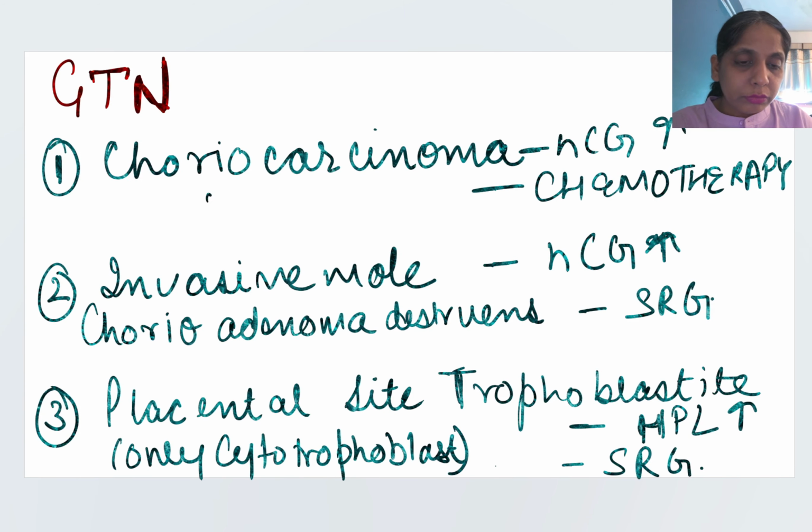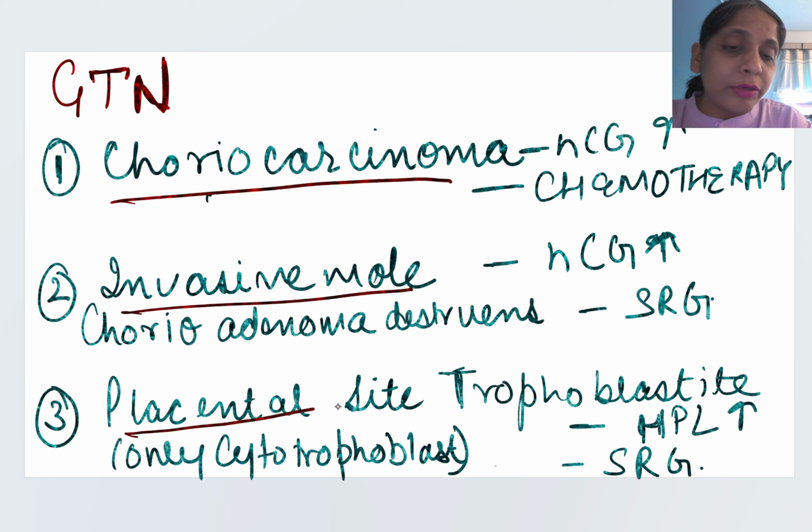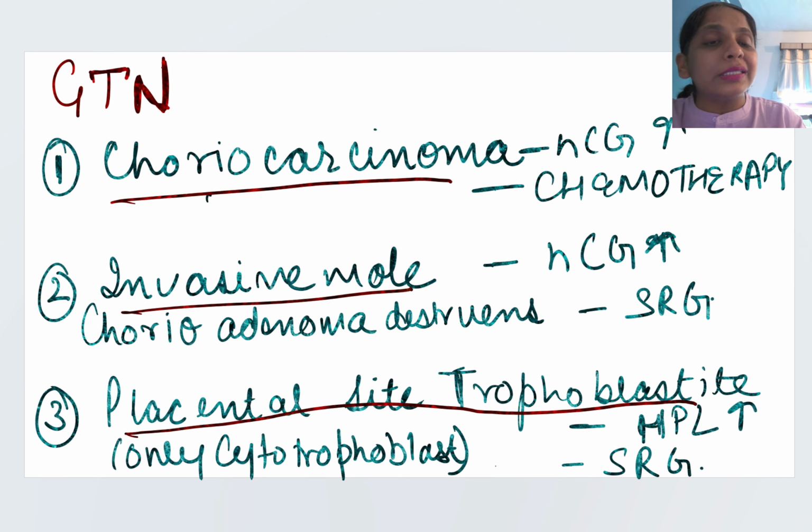Now GTN, or gestational trophoblastic neoplasia, consists of these three conditions: choriocarcinoma, invasive mole, and placental site trophoblastic tumor. Choriocarcinoma, you all know.